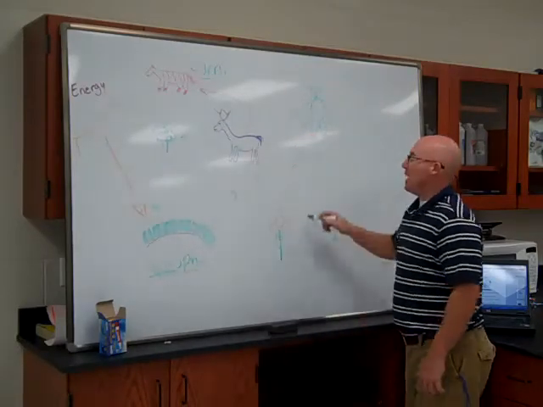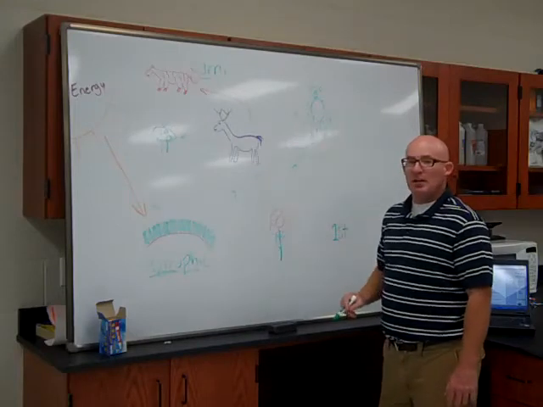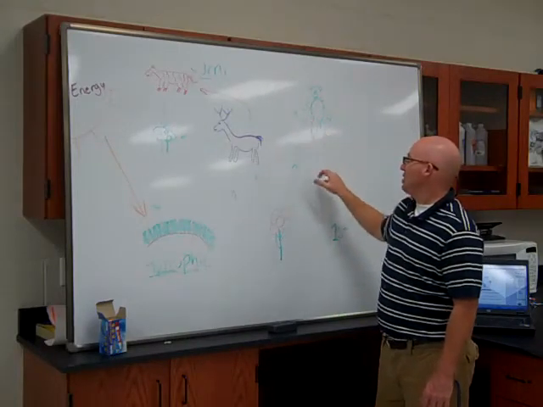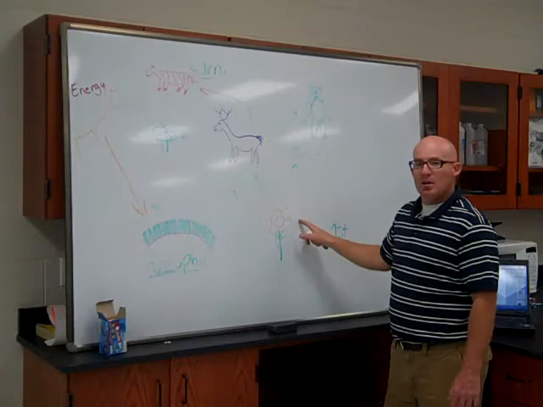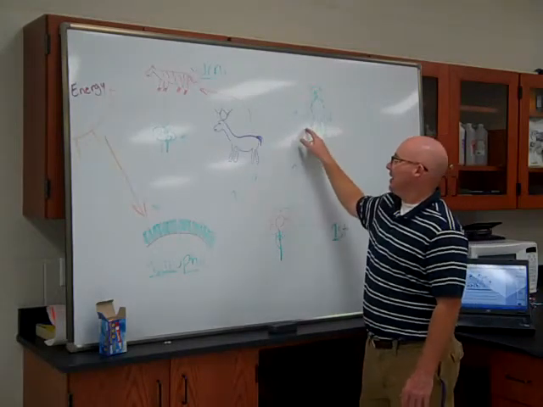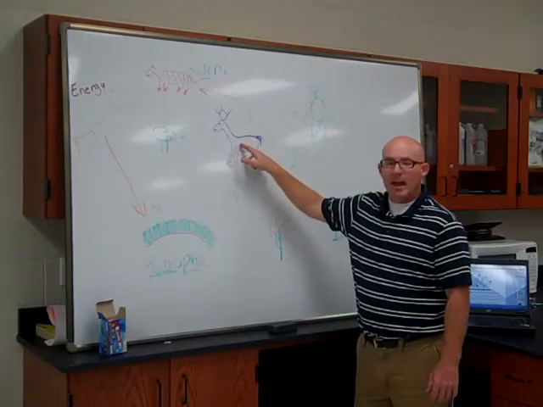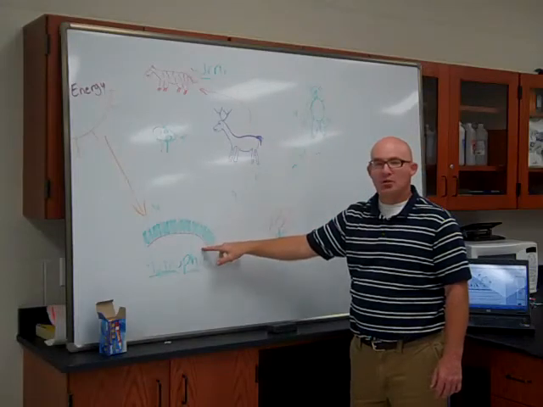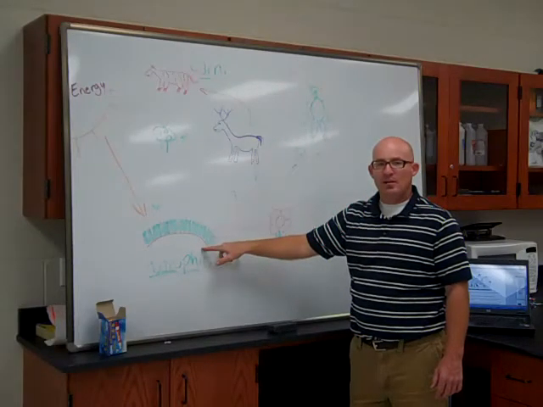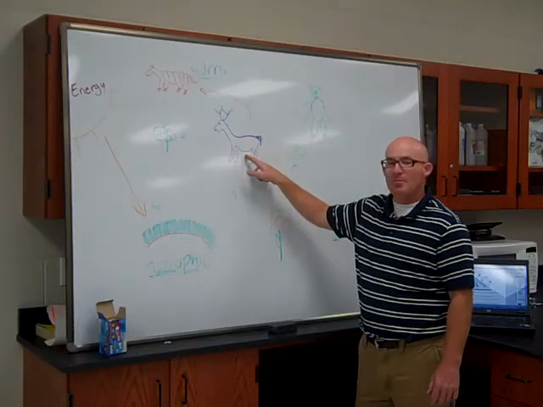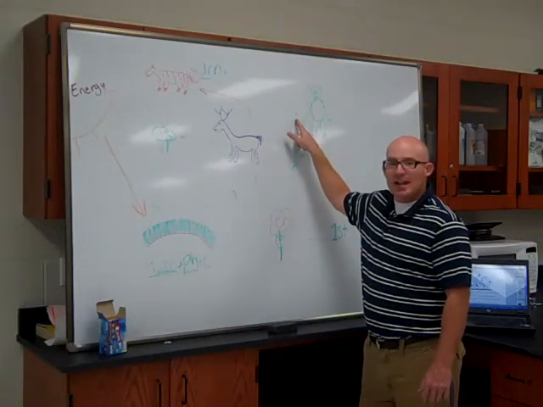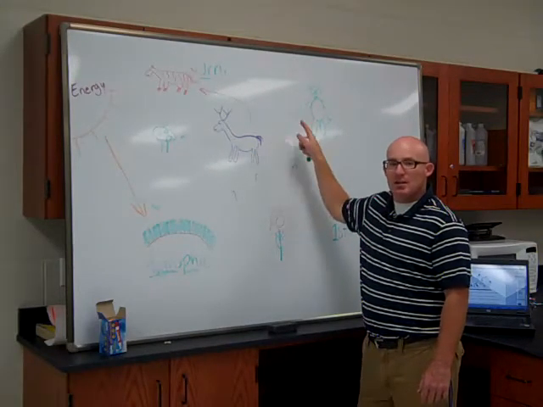But this bear could be a primary consumer if it eats the flower. But it could also be a secondary consumer if it eats the elk that eats the grass. Okay, so this is the primary consumer, the bear is the secondary consumer in this case.